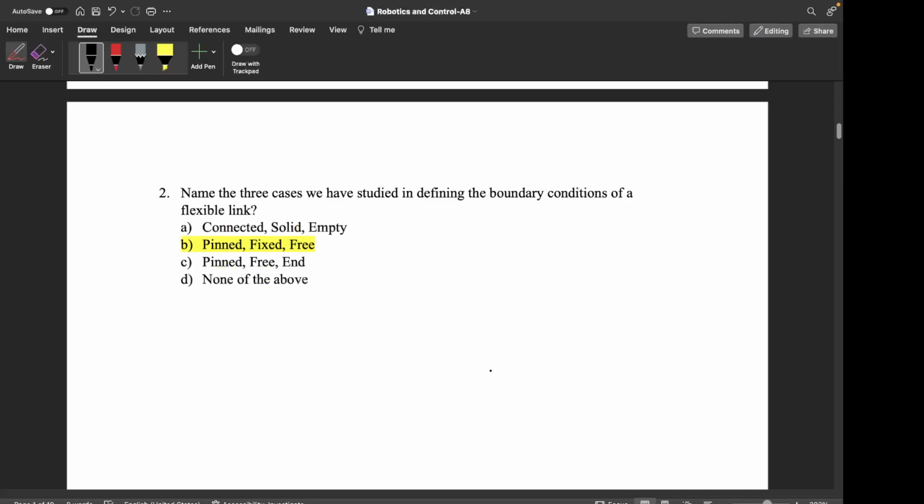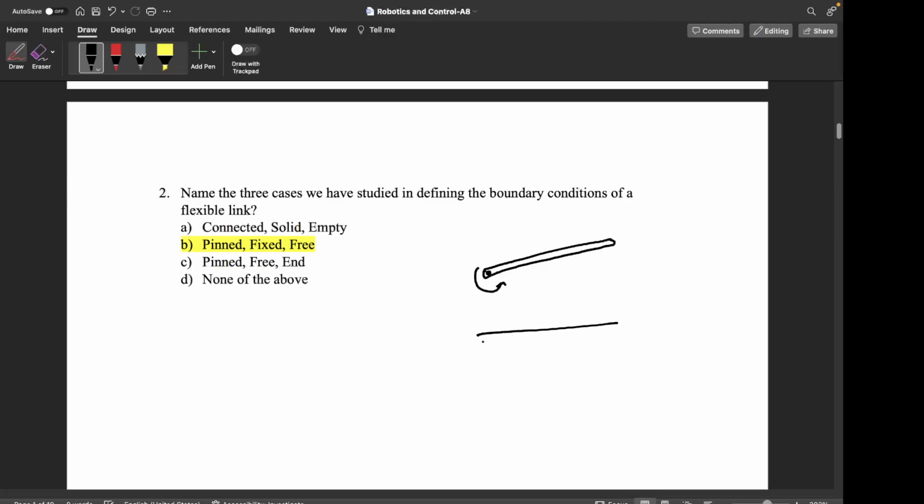So pinned-fixed, like that, fixed-free, right? Pinned means that it's connected with a revolute joint basically, so it's free to rotate in a plane. So something like this is a pinned joint where you can rotate about this joint, the usual revolute joint that you have seen, right?